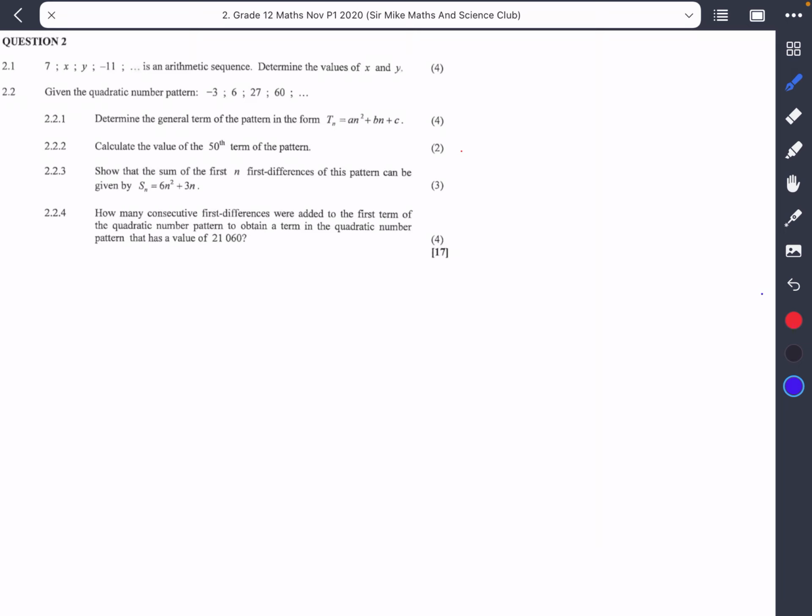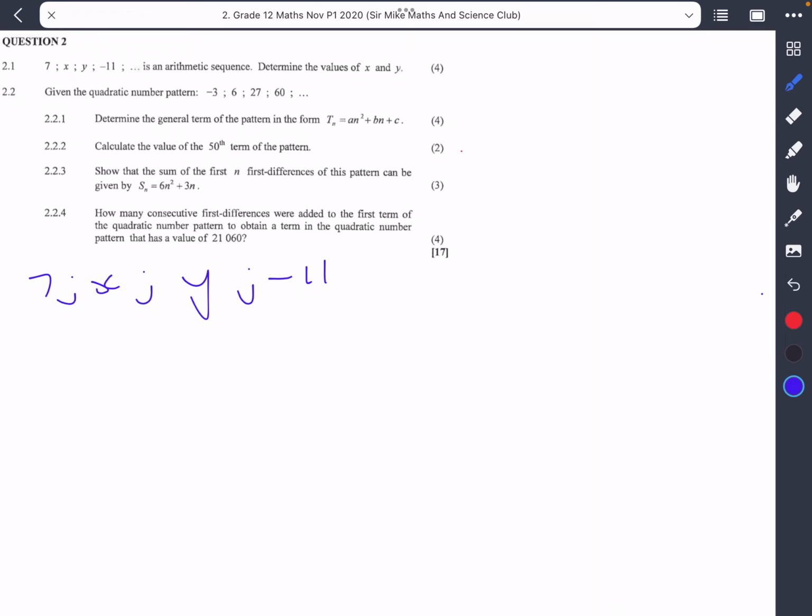What you need to notice is that this is a linear sequence, so we have a common difference. Let me rewrite the sequence: 7, x, y, negative 11.